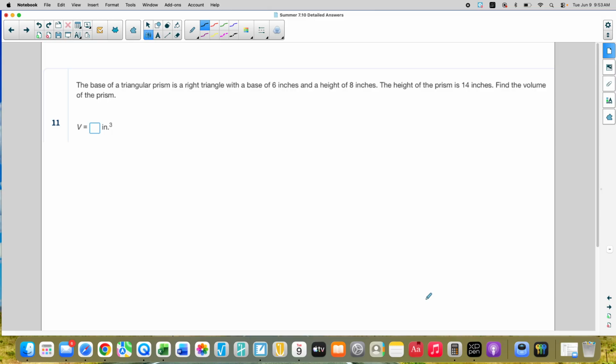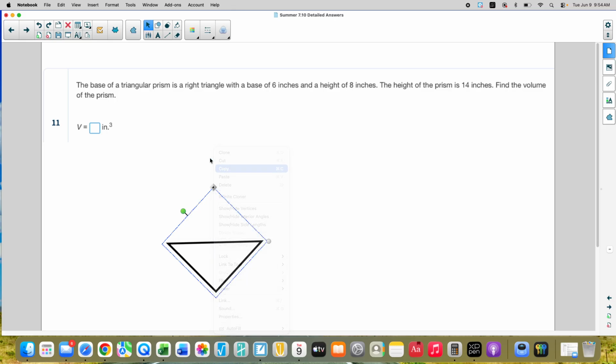The base of a triangular prism is a right triangle with a base of 6 inches and a height of 8 inches. The height of the prism is 14. The volume of the... All right, that was surface area. Now we're doing volume. We'll go back to that right triangular prism like this. And we'll turn it just like we did this time.